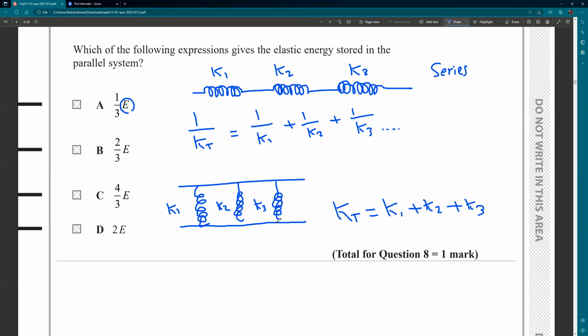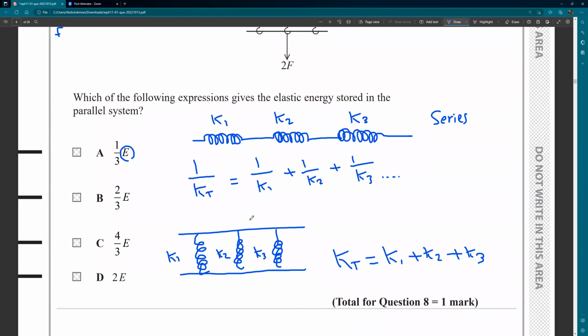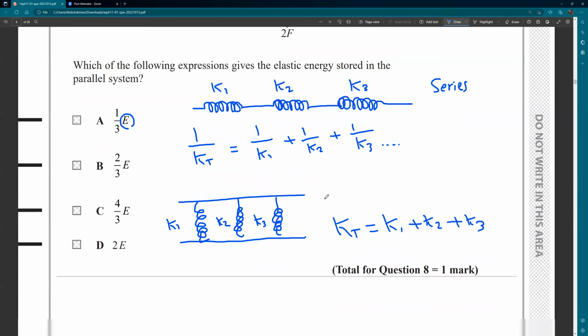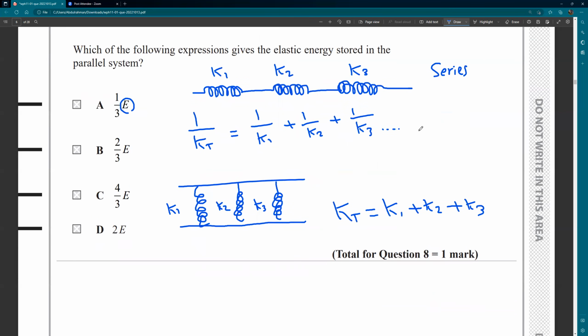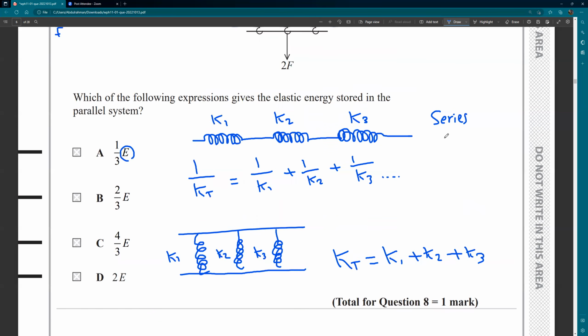So it's just the sum of the individual spring constants. This is the opposite of the resistor rules that you would have done in IGCSE. For resistors, if it was series, you just summed it, and if it was parallel, you did 1 over R equals 1 over R1 plus 1 over R2. So for spring constants, it's the opposite rule to resistors. Make sure you don't confuse the two.